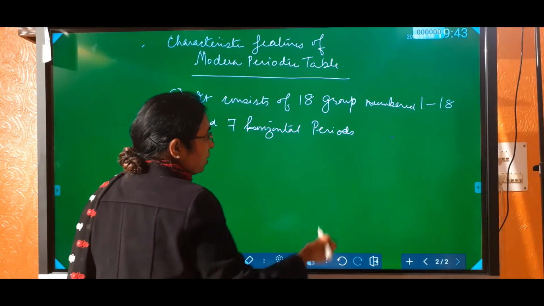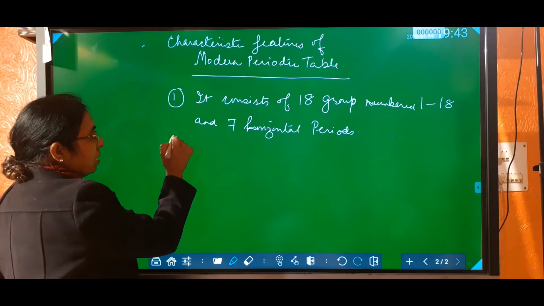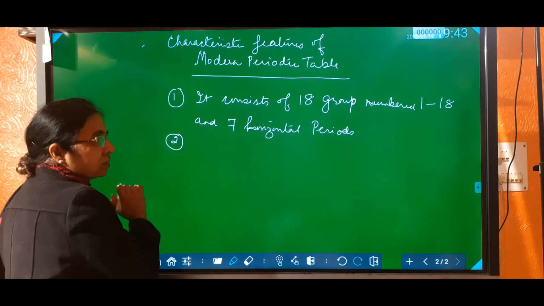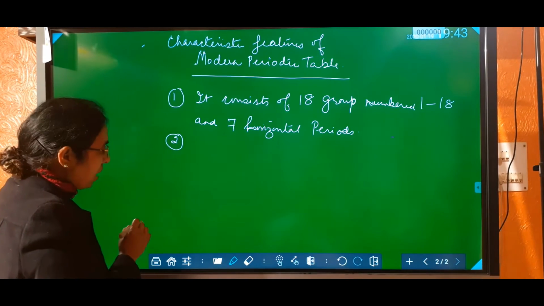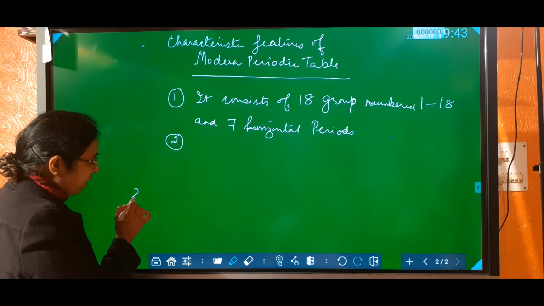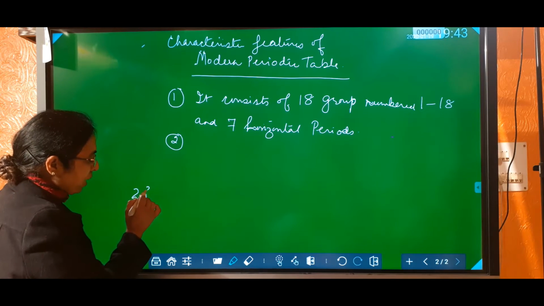Now you know that the electrons are filled according to the rule 2n square.